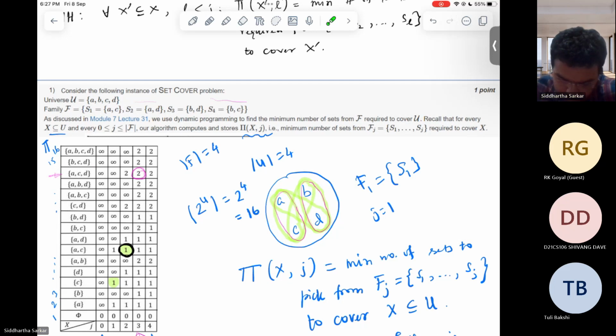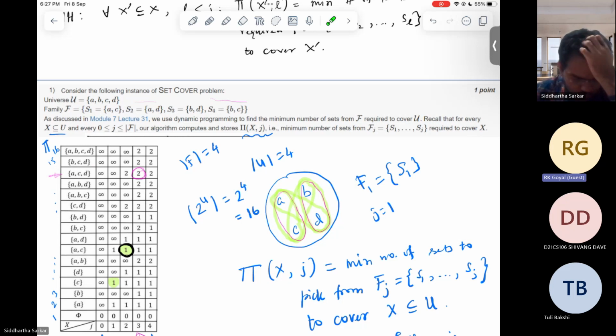Right. So this is the entry ACD comma 2 that we should be looking up, isn't it? So actually, this discussion is slightly difficult to understand. So ACD comma 2.